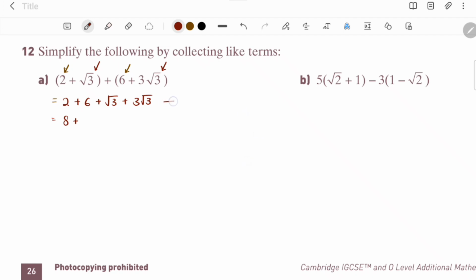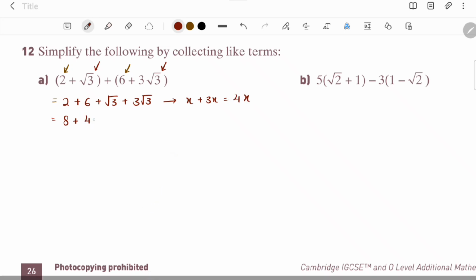This one is actually just like x plus 3x. You just combine them together, so you should get 4x. So here 4 Surd 3. This one will be your final answer. Okay.